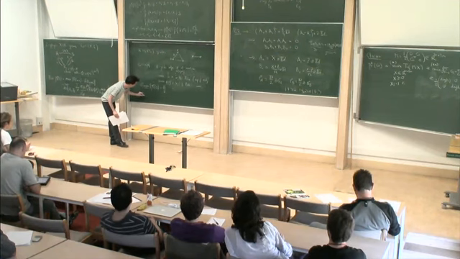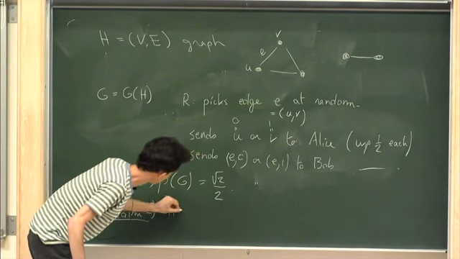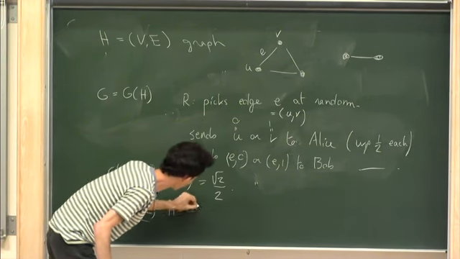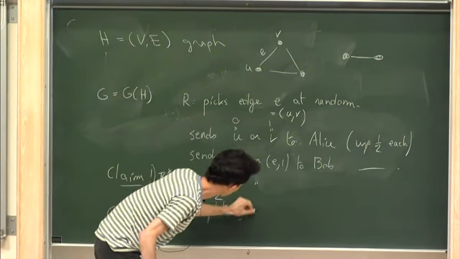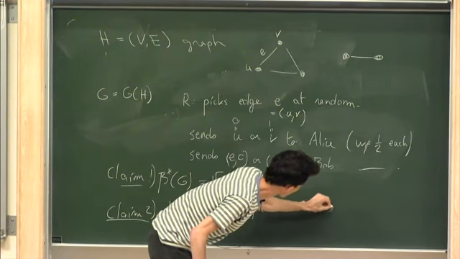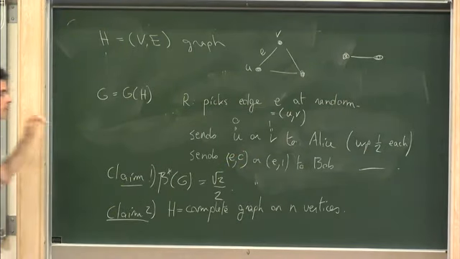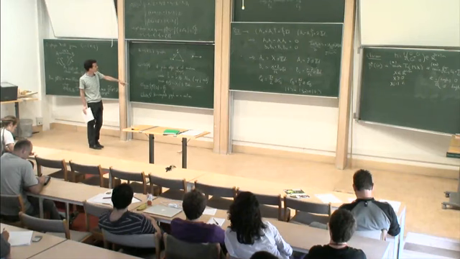And then, because I'm really out of time, I'll just write this and leave it as an exercise. If you take the complete graph on n vertices, then doing exactly the same calculation as we did for the CHSH game, you look at the bias for that complete graph.